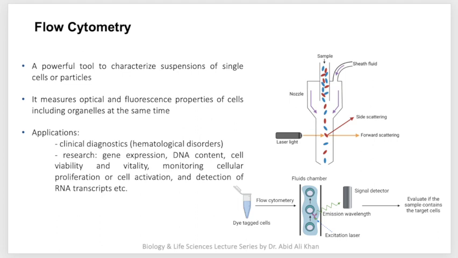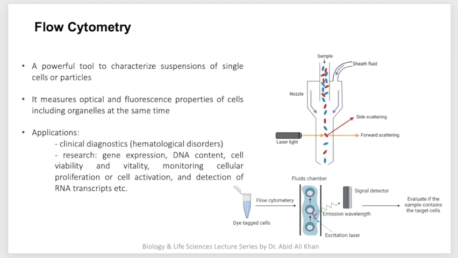Continuing this, we know that flow cytometry is also used for fluorescence. When the laser hits a cell or a particle which has been conjugated with a dye, depending on the excitation and emission spectra, the fluorophore or the dye would absorb the energy and release its emission.